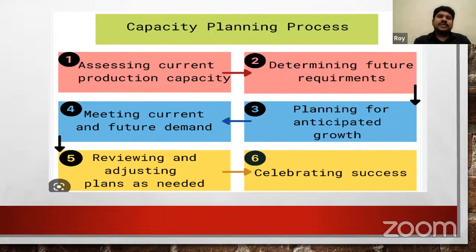And of course, last one, you need to celebrate the success. When you meet the demand of the customer, this is why we are planning. Ultimately, what we are doing here is to make the customer happy. Once the customer is happy, our business will grow, and once the business grows, that is the time where you can celebrate your success. This is about capacity planning.